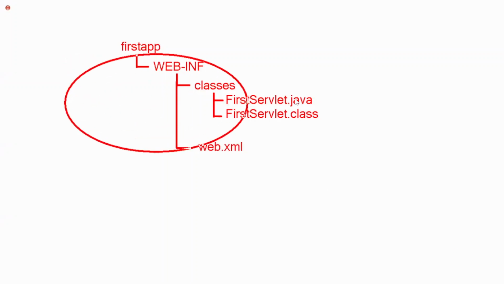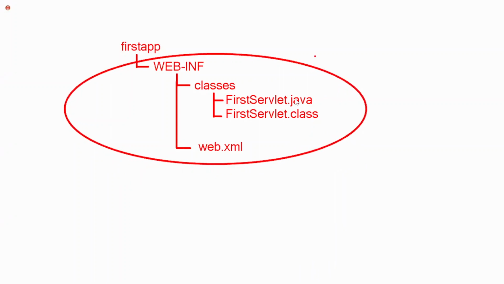Next we'll create a war file. The first program like this you will see. From the next program onwards Eclipse will be used. Eclipse generates everything. Write this folder structure.